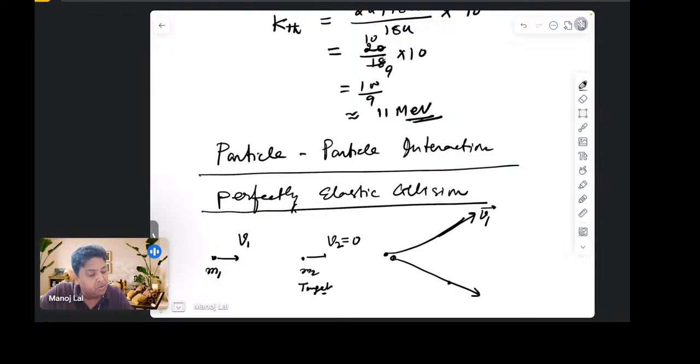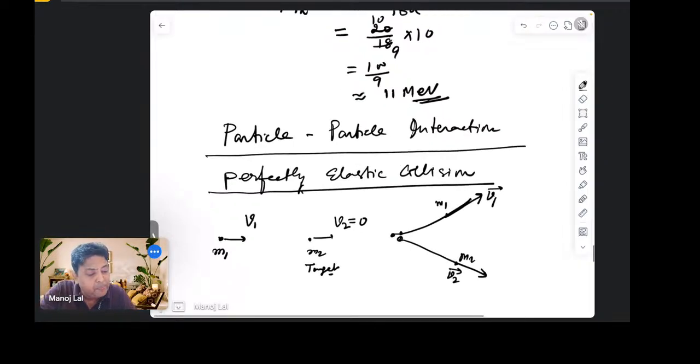In fact, because of electrostatic repulsion, this is not possible. If these two collide, they can come close to each other, but they can never go within a certain distance. This is the minimum distance these two particles can come.